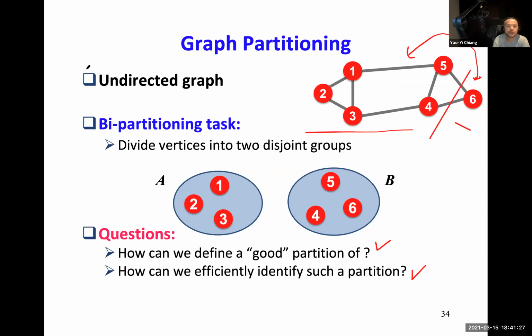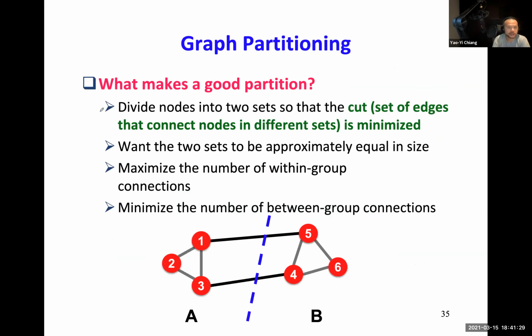So here we go. What makes a good partition? A partition will divide nodes into two sets so that the cut is minimized. Well, the cut is the set of edges that we want to remove so that we can have two communities. We also want the two sets to be approximately equal in size. So set A and set B should be equal in size.